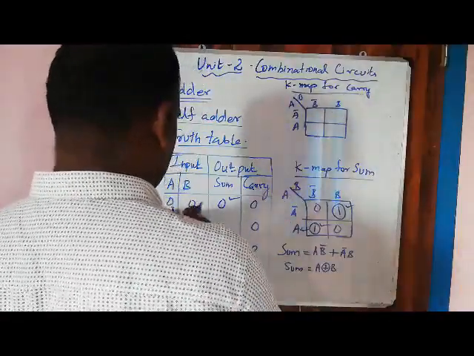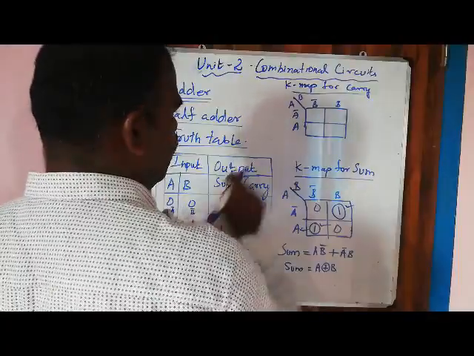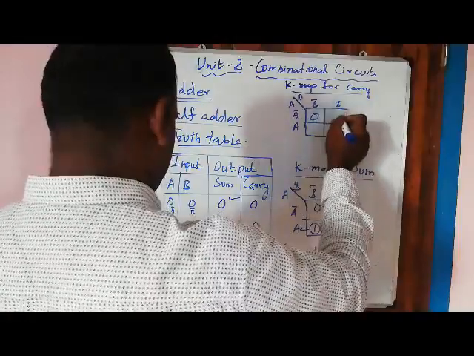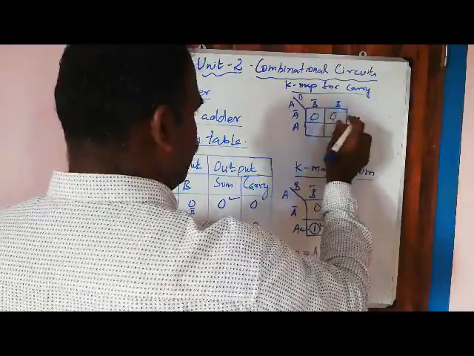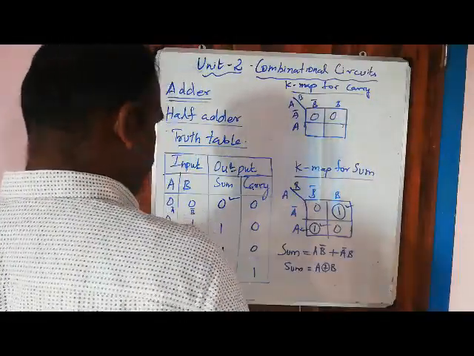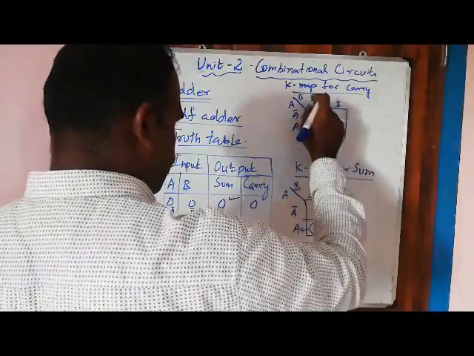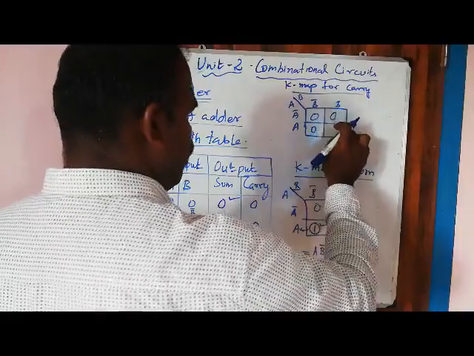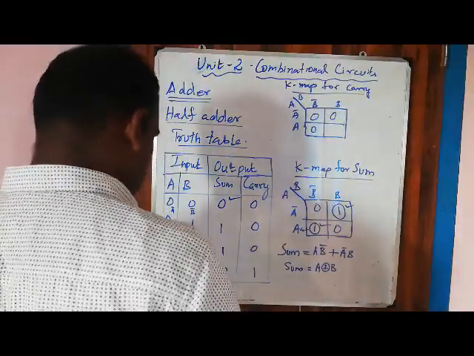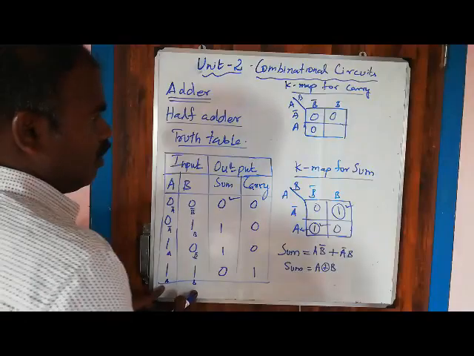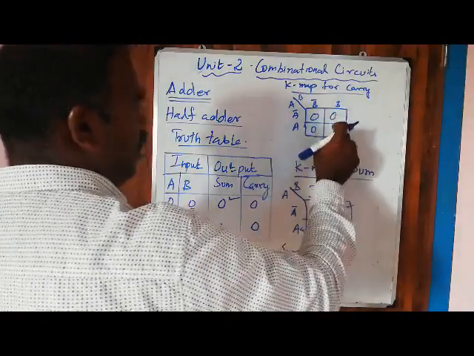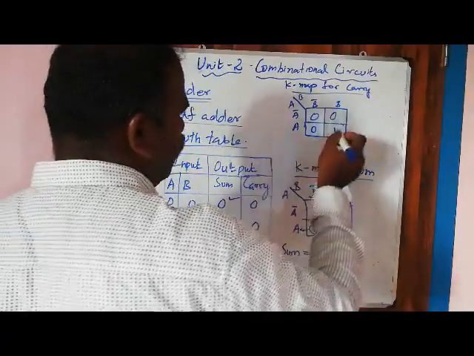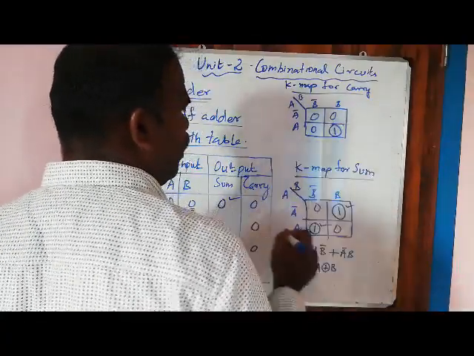For A bar B bar we put 0, and A bar B we put 0 here. For A B bar, in this row carry is 0. Finally both are 1, that is A B, so here we put 1. So only one 1 is present, so we group like this.